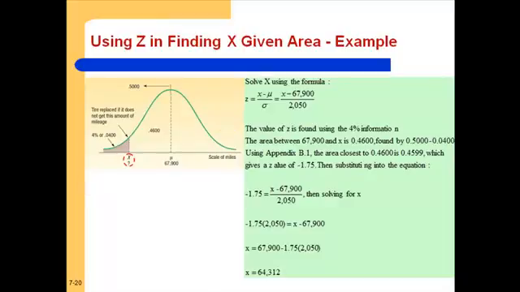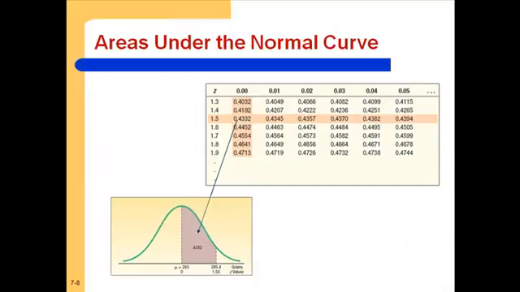I think the hard part for the beginning learner is using this z-table. So just remember, for the normal probability distribution, we always convert it into the standard normal distribution.